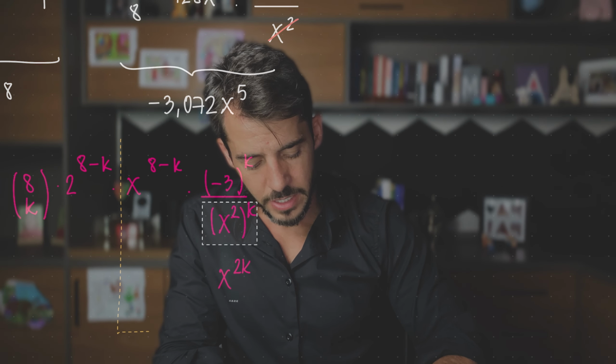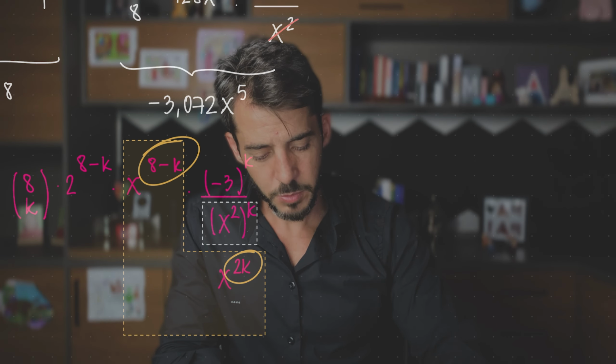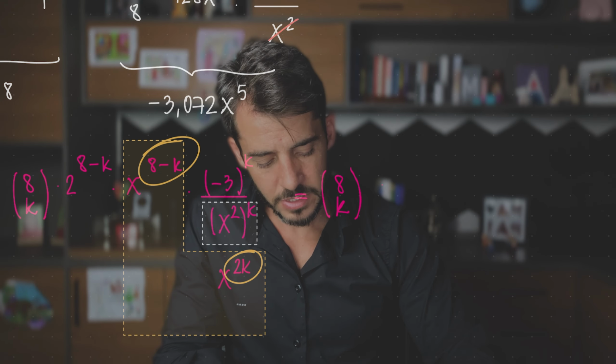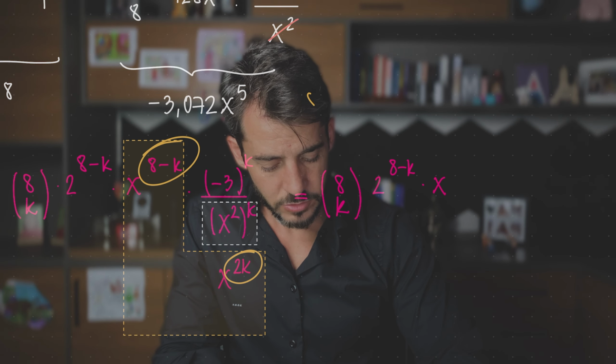And when we divide numbers with the same base, we subtract the exponents. Therefore, we can rewrite all this as a choose k, 2 to the 8th minus k, times x to the 8th minus k minus 2k, which means 8 minus 3k, times negative 3 to the k.